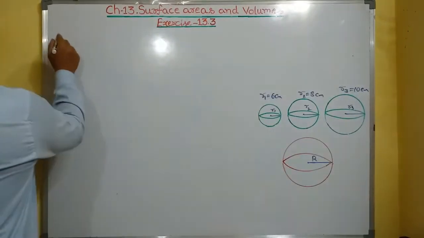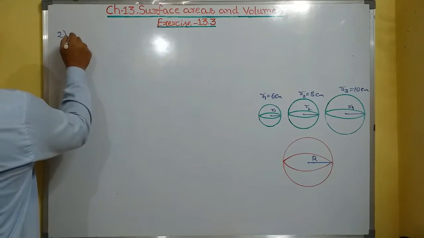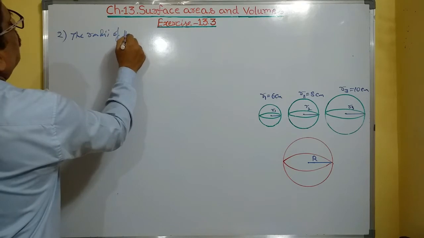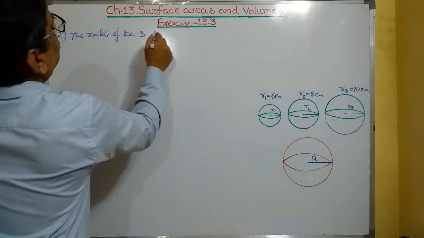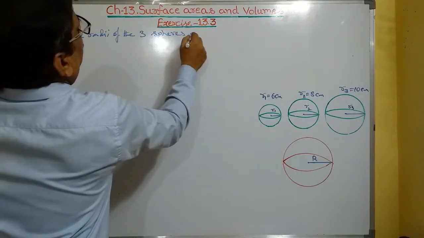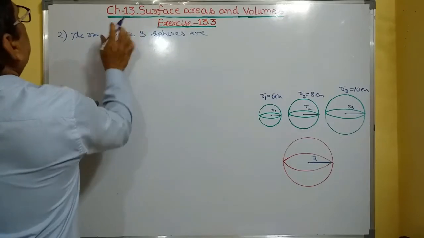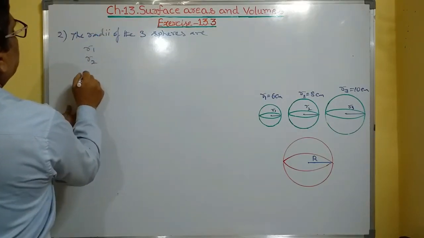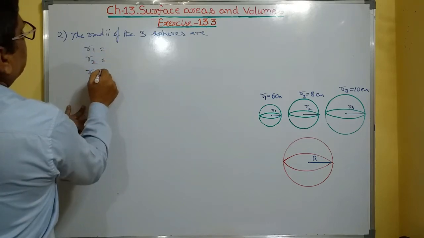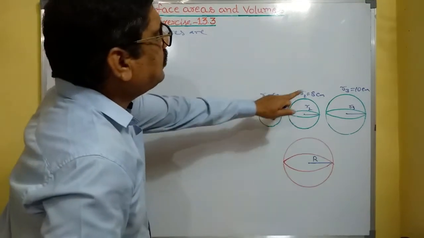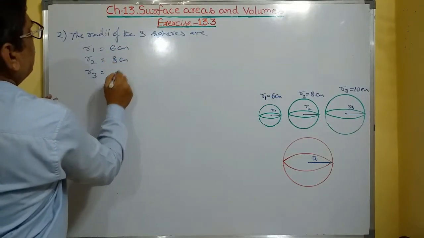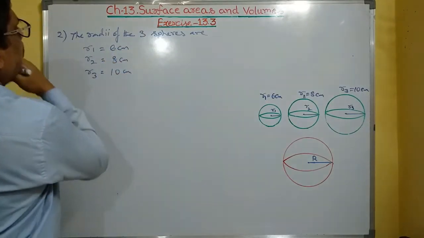So here we need to write the radii of the three spheres. They are R1, R2 and R3, given as 6 centimeters, 8 centimeters and 10 centimeters.